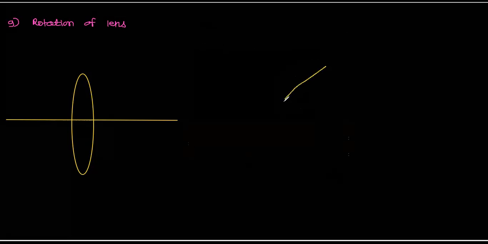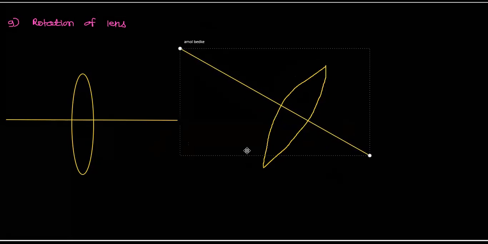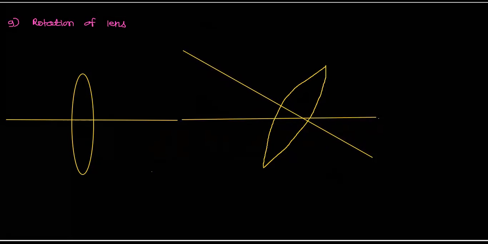Now we rotate it like this. Now this is your new principal axis, and this one is your old principal axis. Whatever this angle is, that is the angle of rotation, theta, with which we have rotated this lens.